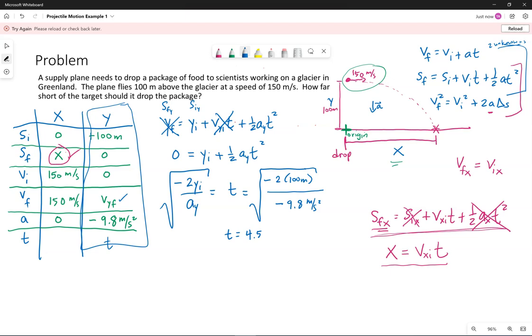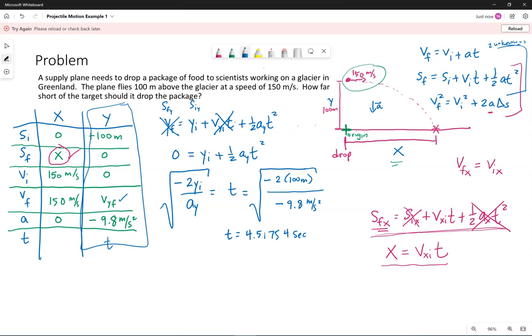So plugging this in, just keeping a few digits out, and that's the wrong units. So our time, about 4.5 seconds. This tells me that it takes about 4.5 seconds for this package of food to drop 100 meters.